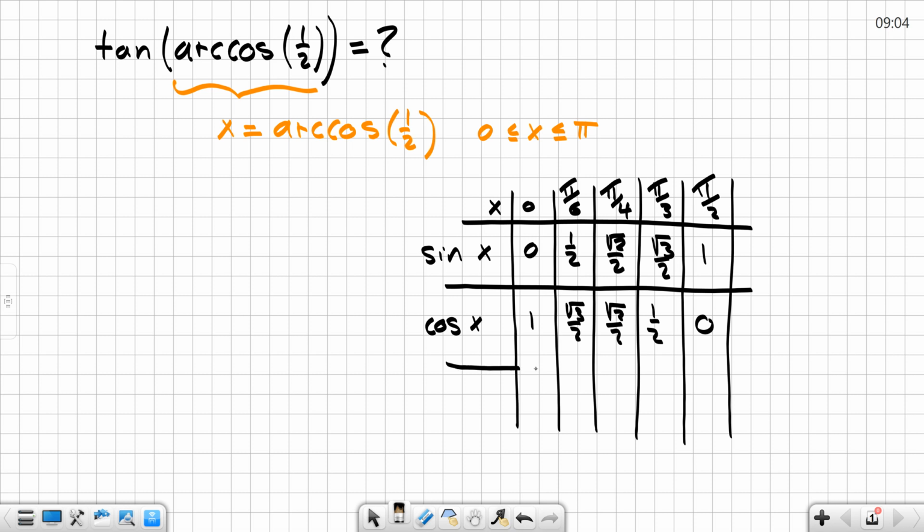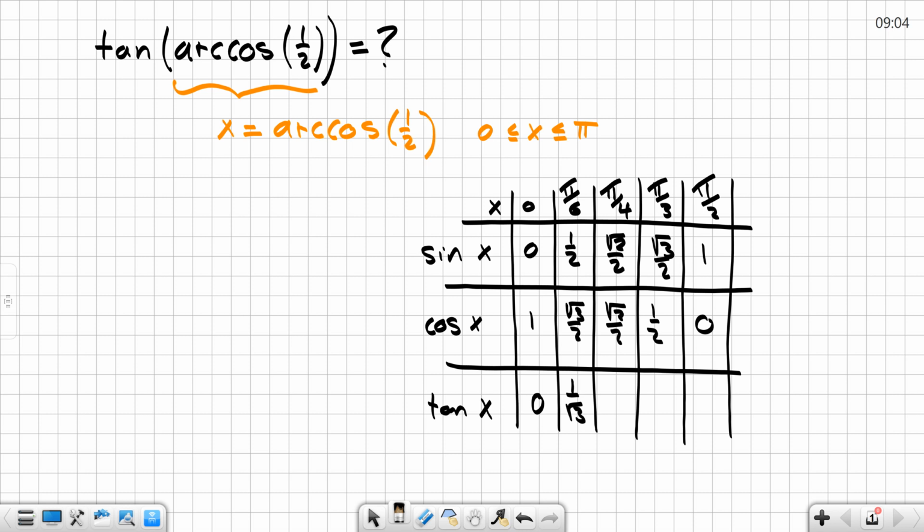Now, we are supposed to find the tangent of something, and that means I'm going to finish up my table here real quick, because if we write it in this way, the tangent function's output values come for free. Tangent is the quotient of sine and cosine. 0 over 1 will give us 0. 1/2 divided by the square root of 3 over 2 is 1 over the square root of 3.